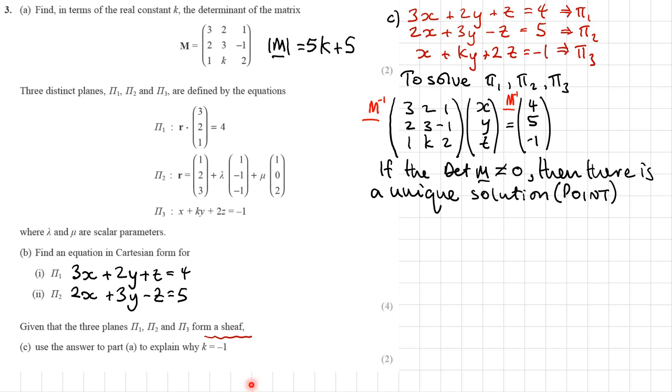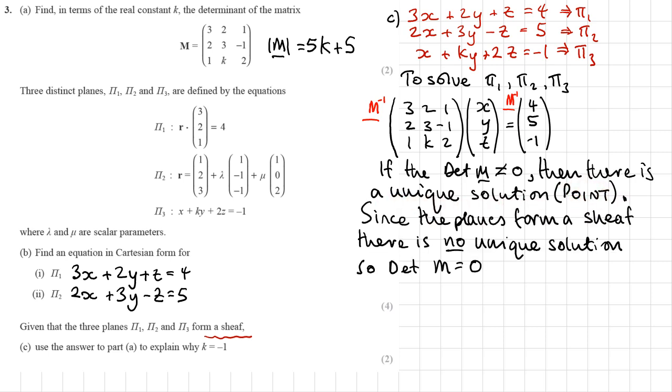Now we know that if the determinant of M is not equal to 0, then there is a unique solution. That means that all the planes meet at a point. Now, since we're told that the planes form a sheaf, there is no unique solution, which must mean that the determinant of this matrix M is equal to 0.